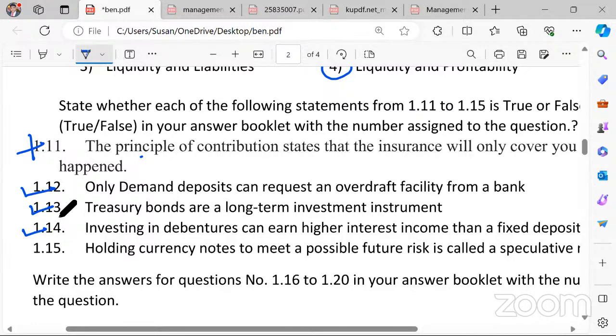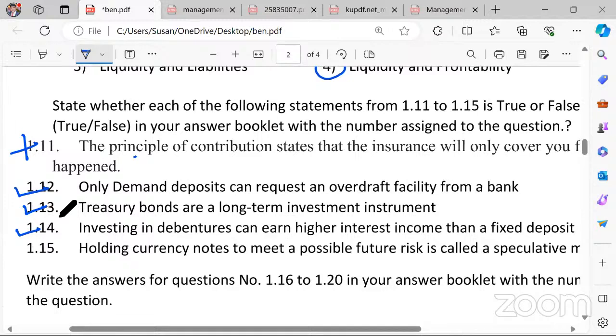Holding currency notes to meet possible future risk is called speculative motive. Is this correct? Is this wrong? True or false? Now there are three main motives for the demand for money.